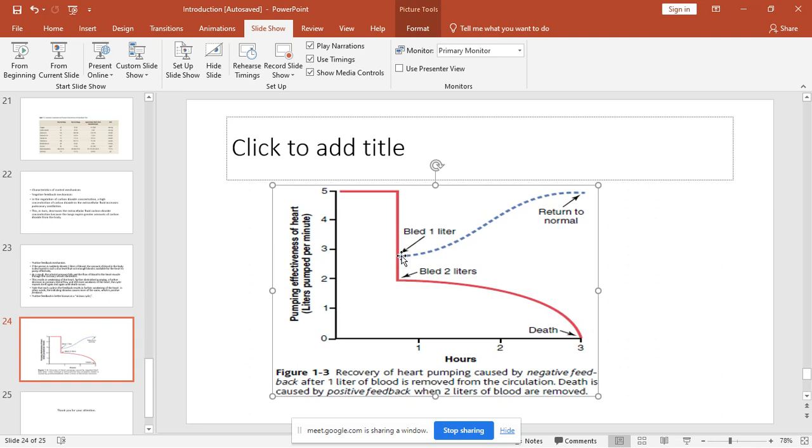At 1 liter, the body tries to compensate for that. How does it do that? It increases the heart rate. The heart starts to beat faster. Your arterioles become narrow in diameter, and your kidneys stop losing.